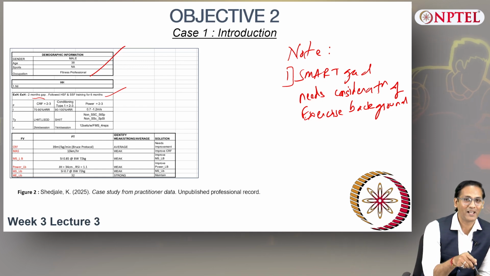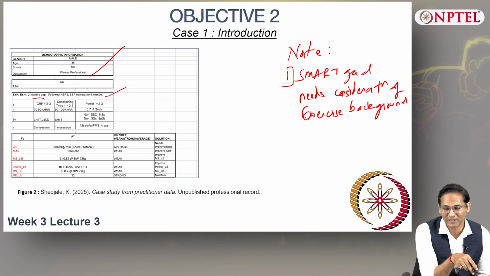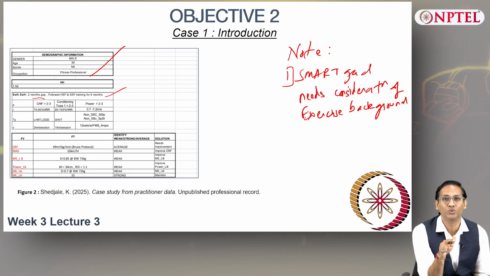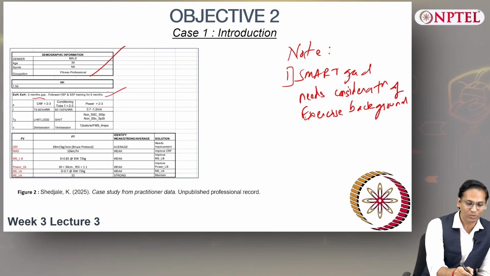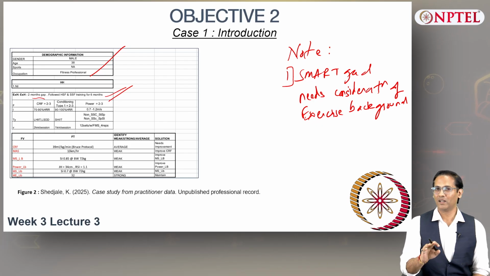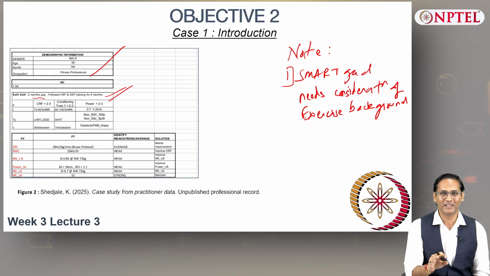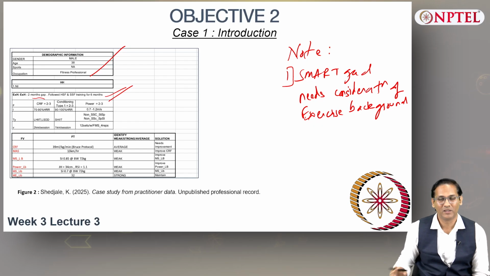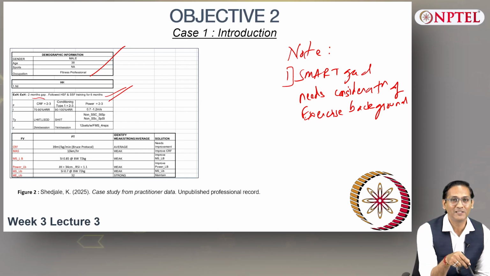So understanding that someone is an advanced exerciser or has an experience of exercise, it helps you to choose the stimulation or progression matching to their experience. Otherwise, you would always have an experience saying that the program that you have designed is too easy or too hard. For that reason, you should consider the exercise history.